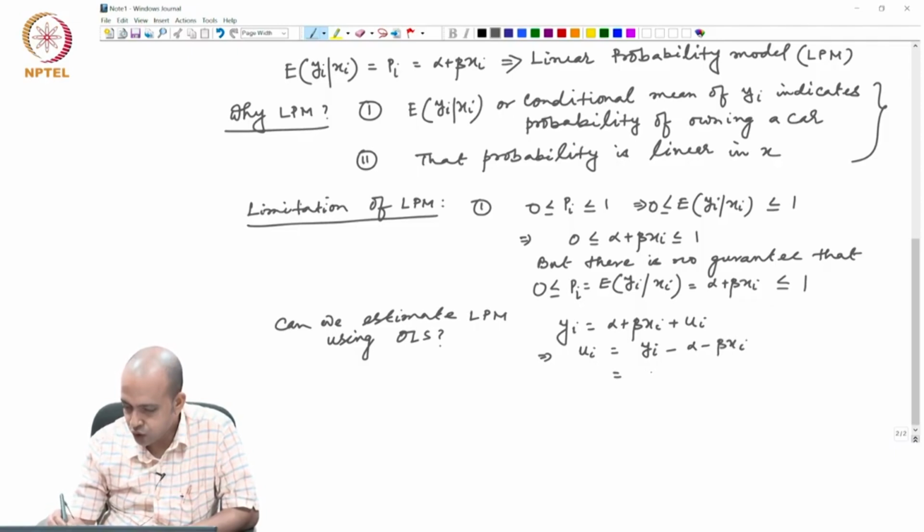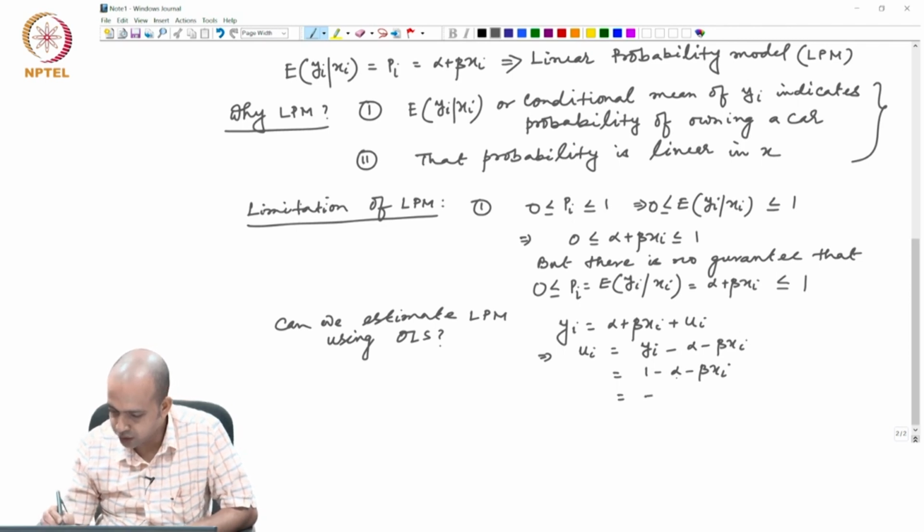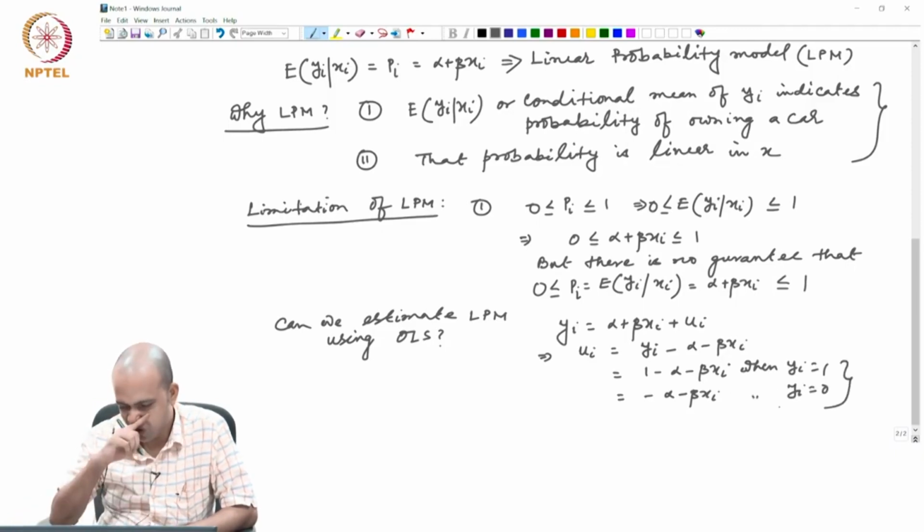So, equals to either 1 minus alpha minus beta xi when yi equals to 1, or equals to minus alpha minus beta xi when yi equals to 0, right.